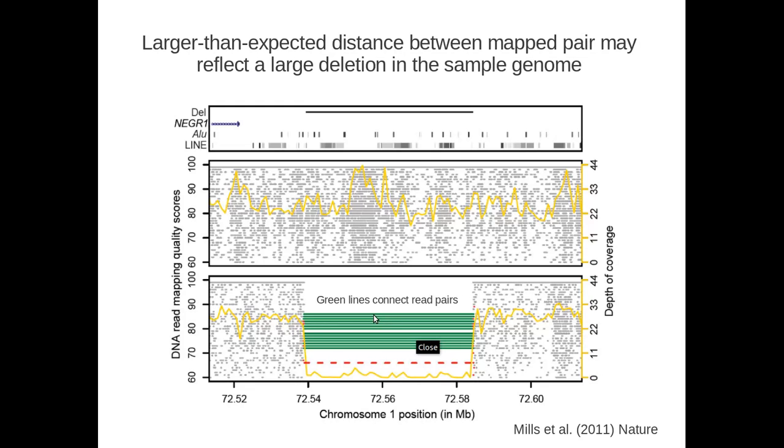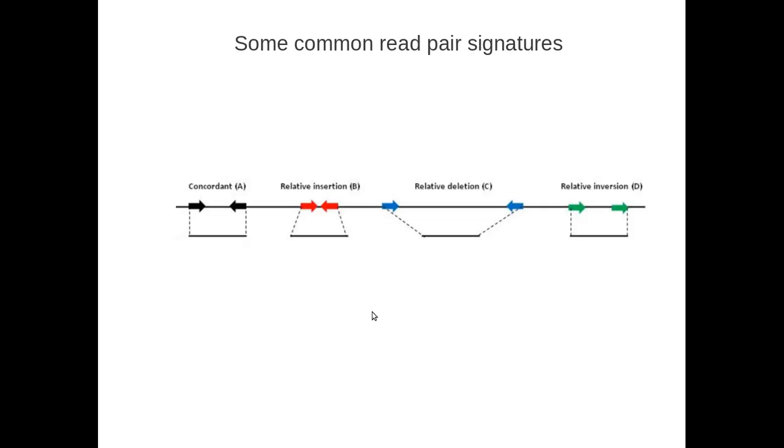Okay, so this is important for the read pair methods, because you have then an expected distance between a pair of reads once they're mapped to the reference genome. So in the event of concordance and no difference in length, insertion, deletion status between the reference and the sample genome, you have this expectation of somewhere between 200 and 300 base pair insert size.